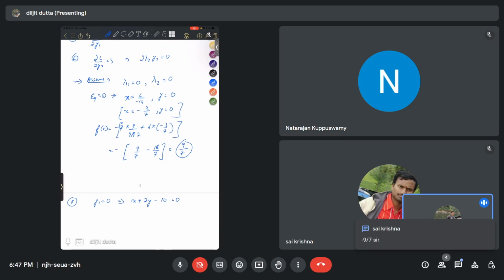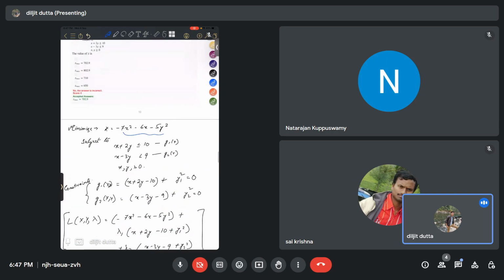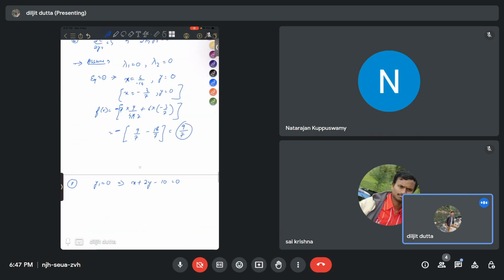Yes, it is minus 9 by 7, but we already have a minus multiplied. Since we are writing the negative of this function, we are getting this negative value. So we take the minus sign common and then write the terms, substituting the value of x.